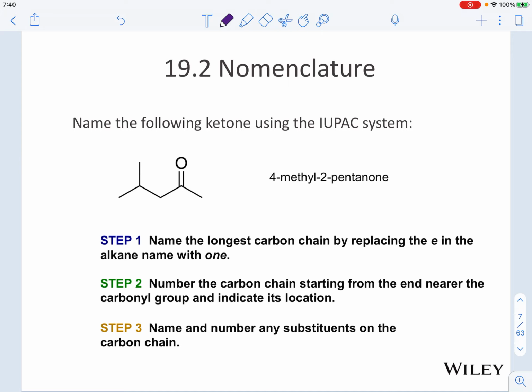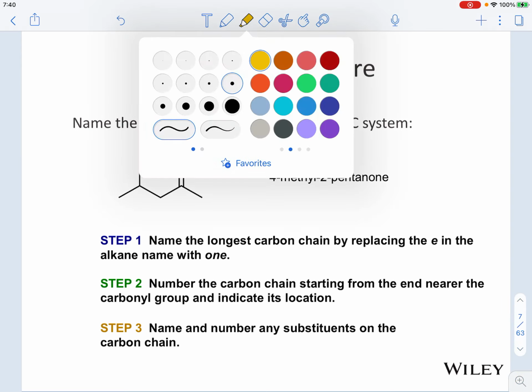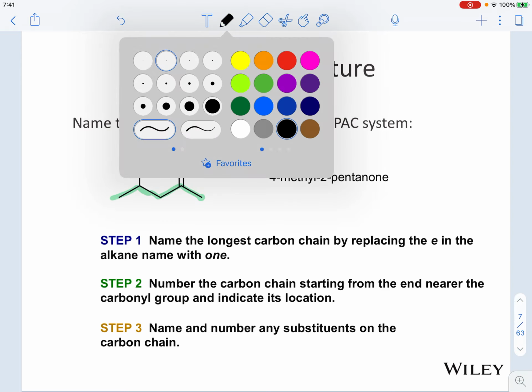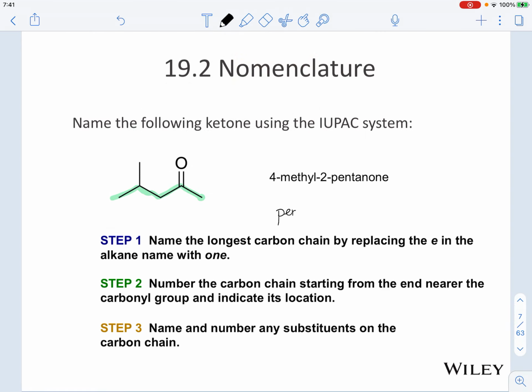Now, in this molecule, our longest carbon chain is going to be 1, 2, 3, 4, 5 carbon atoms in length. So if we write the alkane name, it is pentane, we erase the E and we put "-one", pentanone, that's where this word comes from.